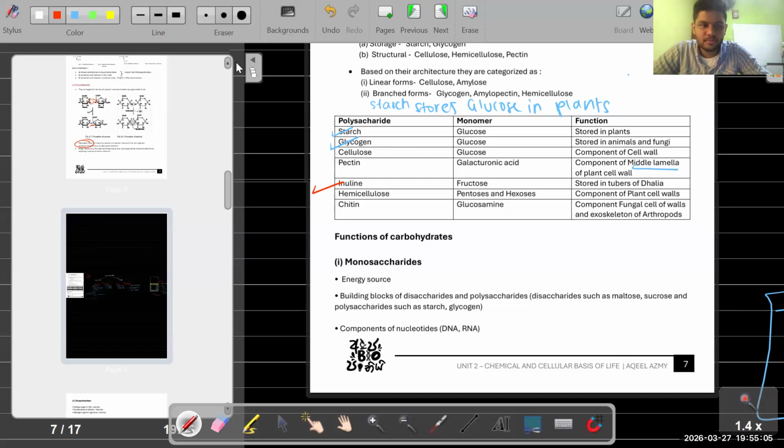If it's wrong, no issue. Now say starch stores glucose in plants. Glycogen stores glucose in animals and fungi. Now, similar to that, explain what is the function of inulin. Just give a try. Don't think will it be correct or wrong.